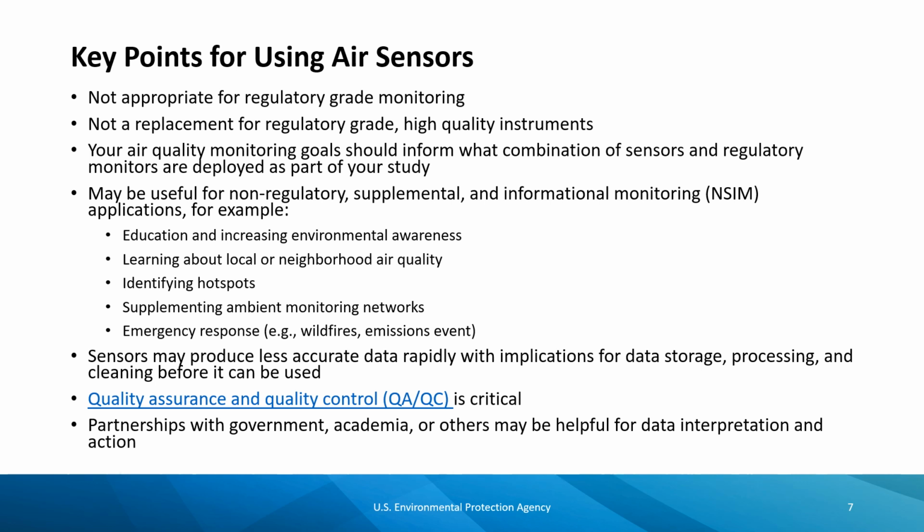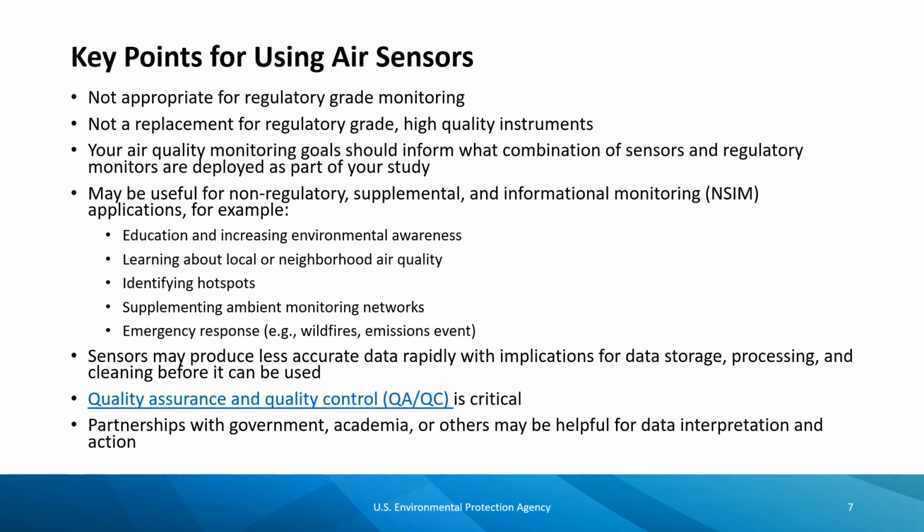Sensors can be useful for what EPA refers to as non-regulatory, supplemental, and informational monitoring, or NSIM applications. Examples of these applications include education and increasing environmental awareness, learning about local or neighborhood air quality, identifying hotspots, supplemental monitoring, and emergency response during wildfires and other events.